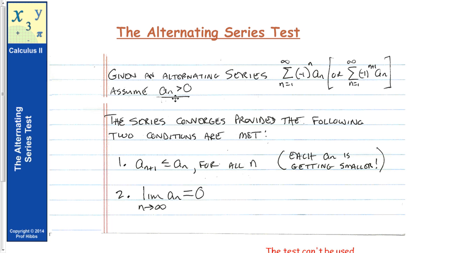Oh, by the way, up here, assume that the a sub n's... Now, this is a little different than what we've dealt with in the past. Usually we talk about the summation of a sub n's from n equal 1 to infinity. Well, in this case, the a sub n is not the whole term because the term includes either a positive or a negative sign that goes with it.